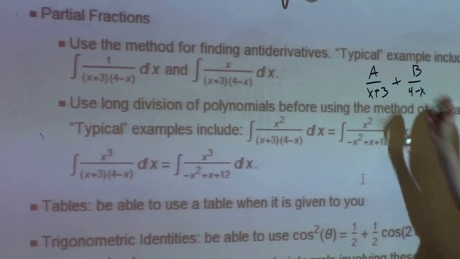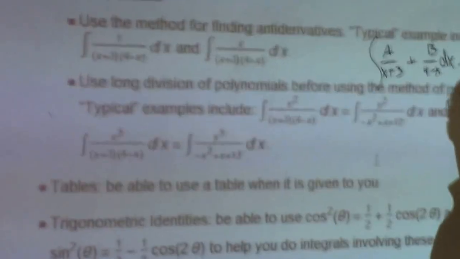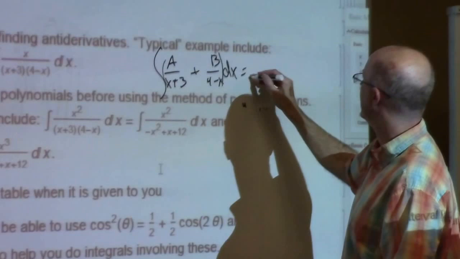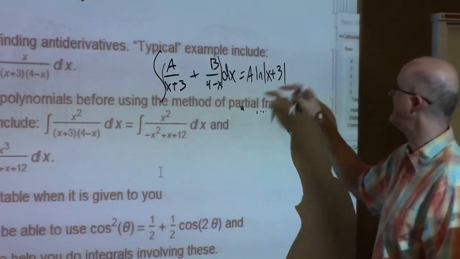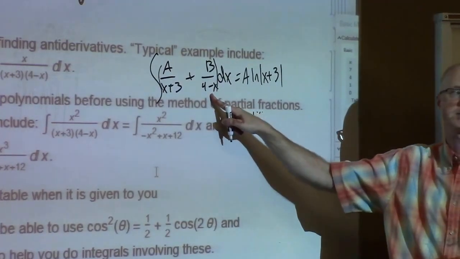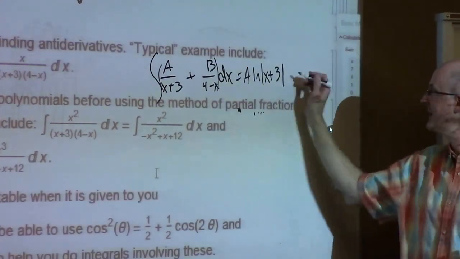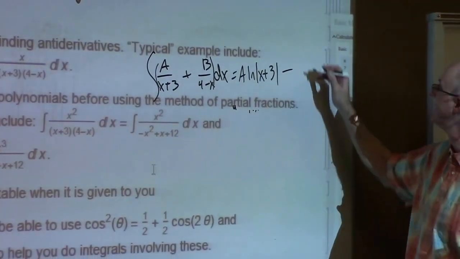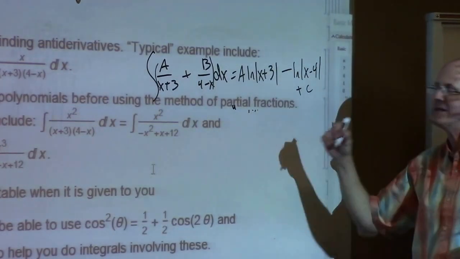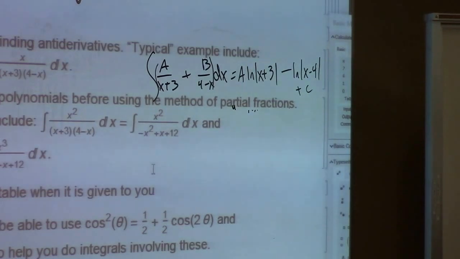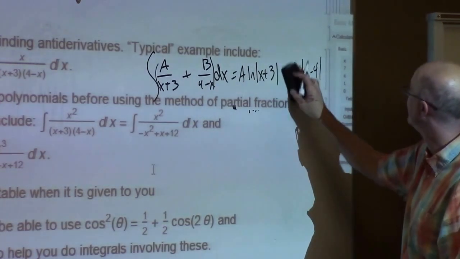When you integrate something like this, you get a times the natural log of the absolute value of x plus 3. And be careful, because of that minus sign there, I purposely put a minus sign in there, you're going to get a minus sign here. Two quick ways you can justify that in your mind.